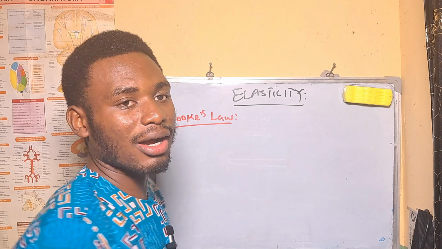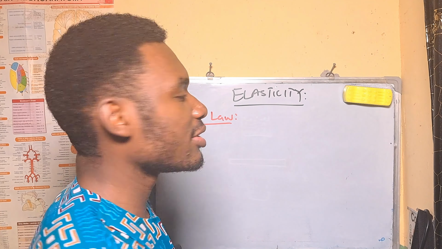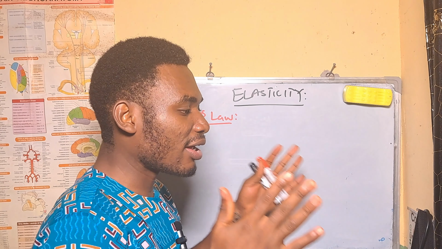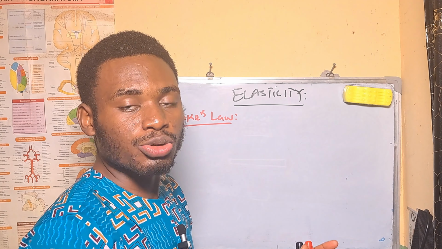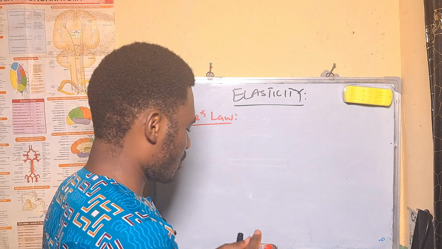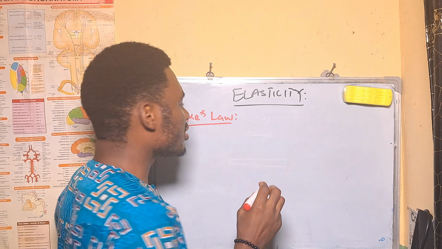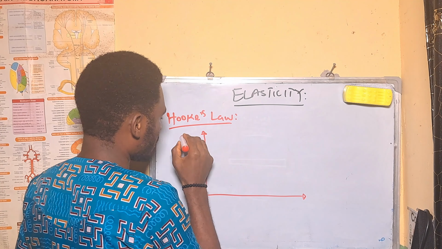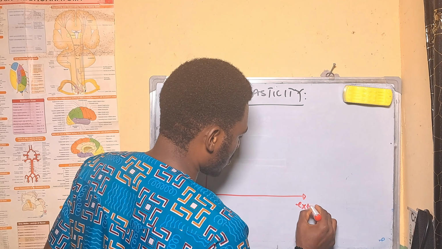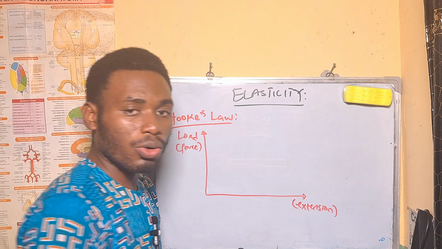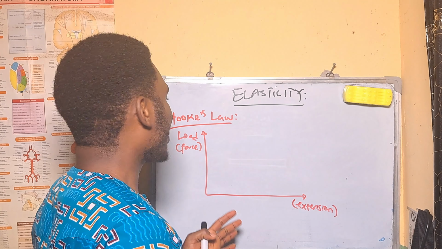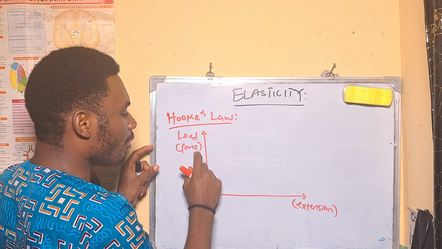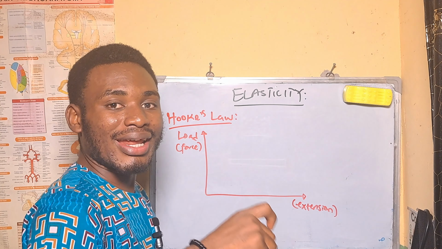Sir Hooke carried out an experiment. In the experiment, he compared the extension of a particular object in relation to the applied force. He carried out an experiment to compare the relationship between the applied force and the extension of an elastic material.